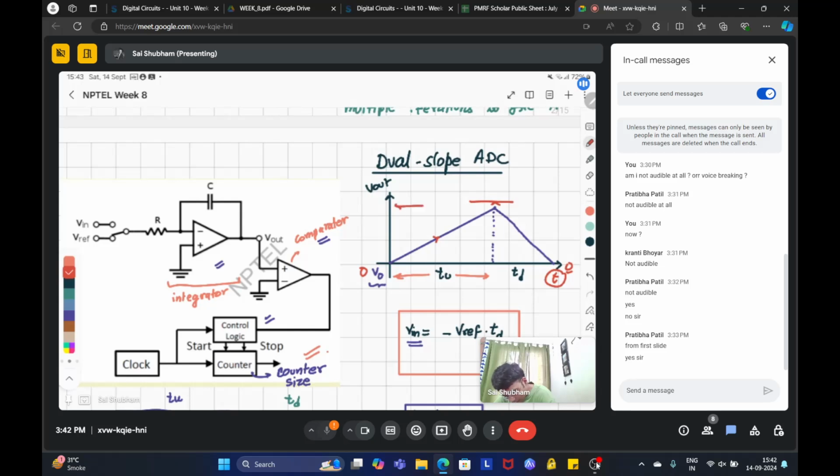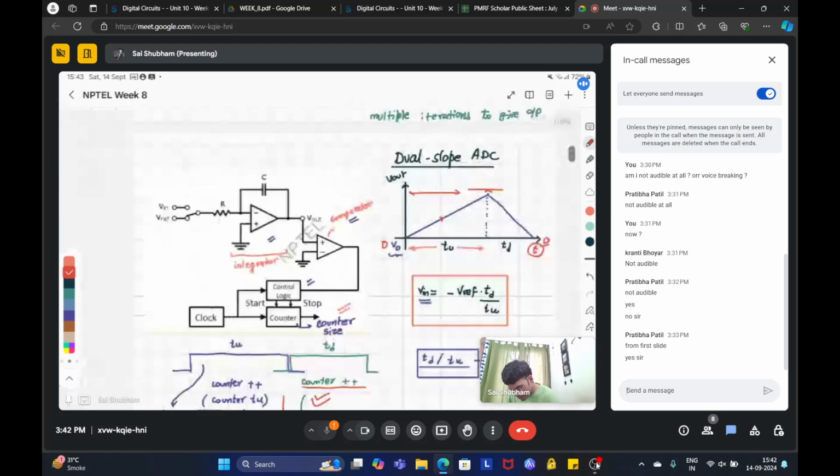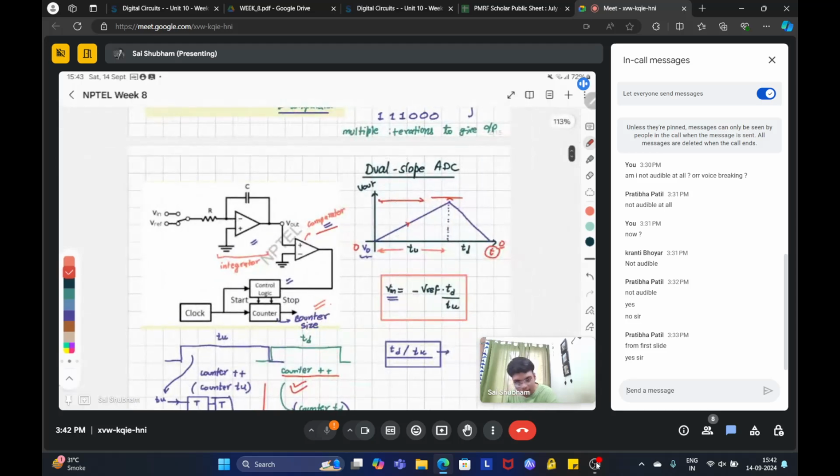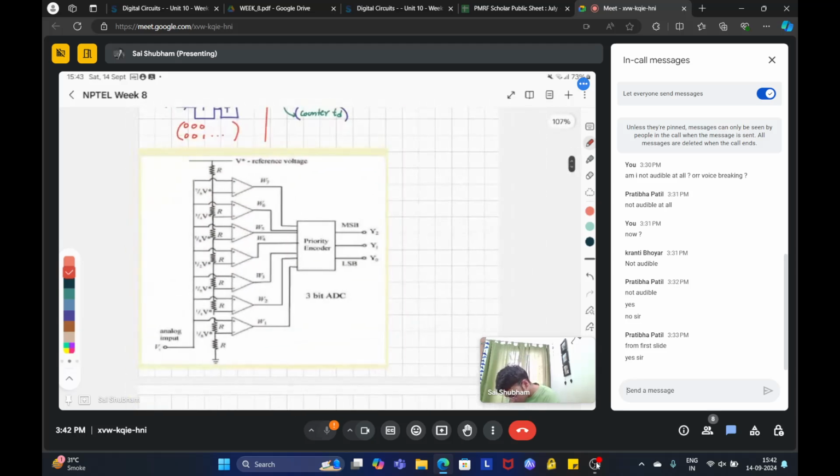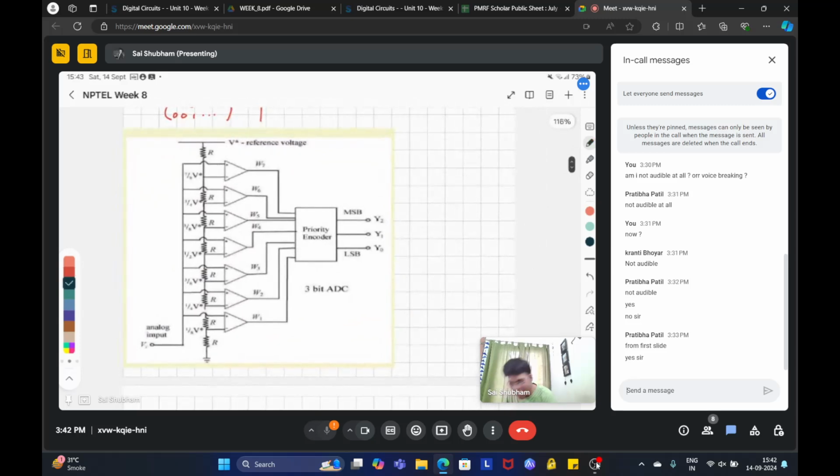So this takes a lot of time. That's why dual slope ADC is slower as compared to successive approximation ADC. But still it has only one comparator, so from an expense point of view it is similar to successive approximation ADC. Actually, people do not call it successive approximation ADC all the time. They call it SAR ADC.